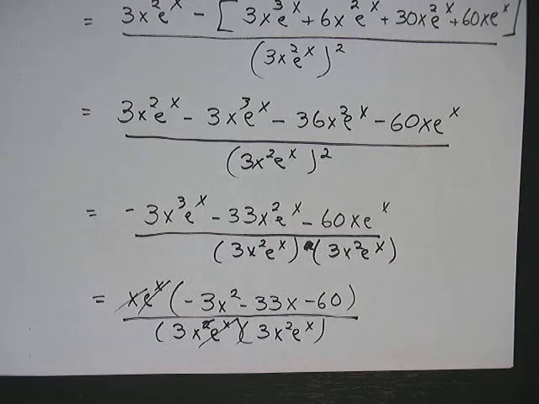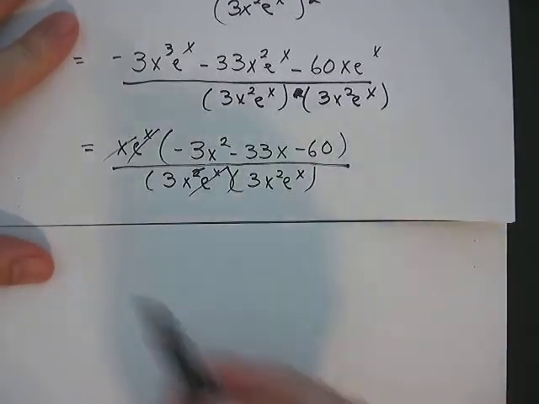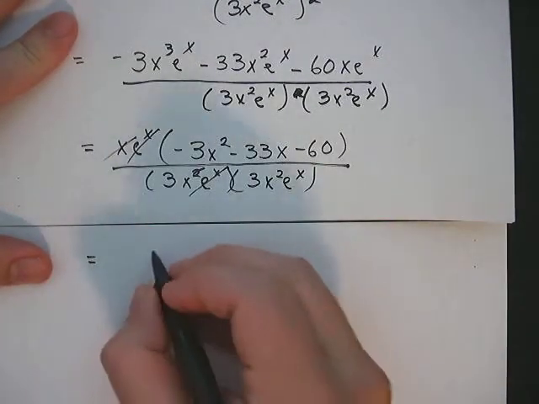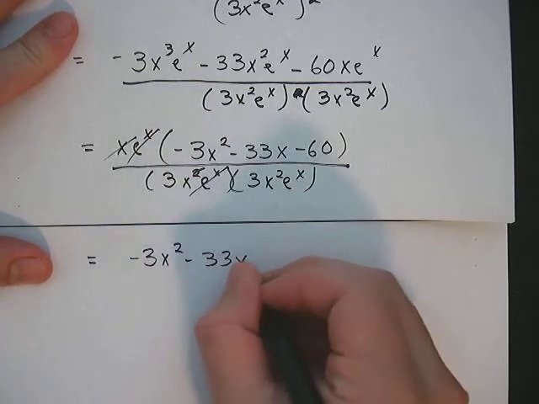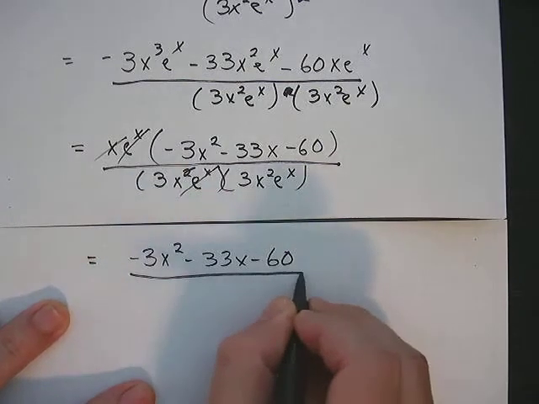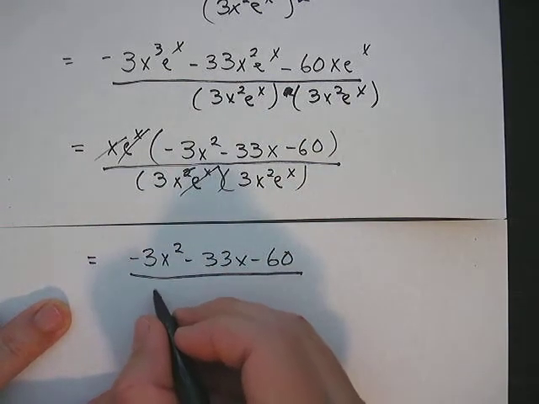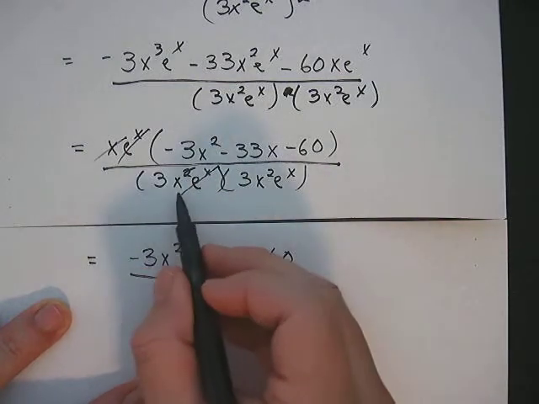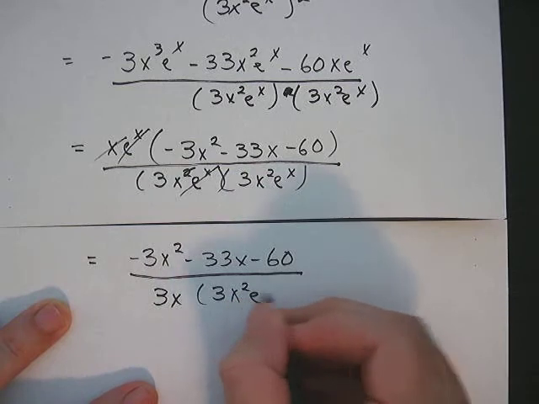Okay, so in our next term, the top is just going to be negative 3x squared minus 33x minus 60. We might take something out of that in a second. And then the bottom we have a 3x, and then also a 3x squared e to the x.